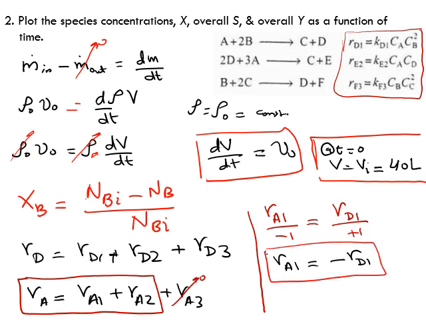What about RA2? Well, here we have RA2 divided by minus 3 equals RE2 divided by plus 1. So therefore, RA2 equals minus 3 RE2.